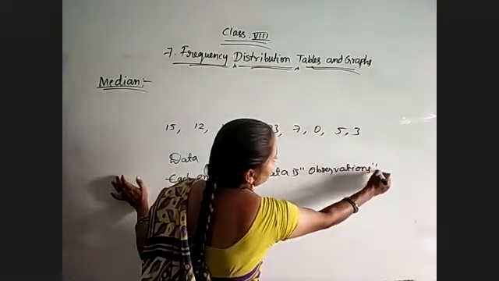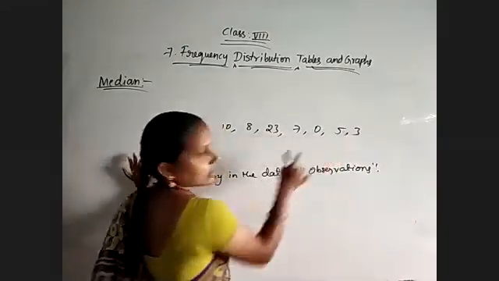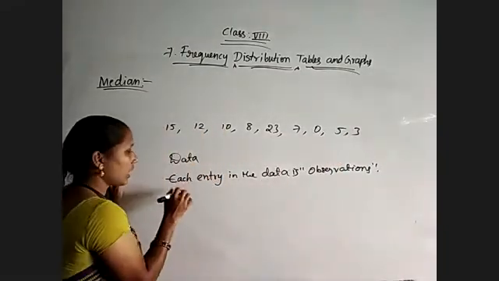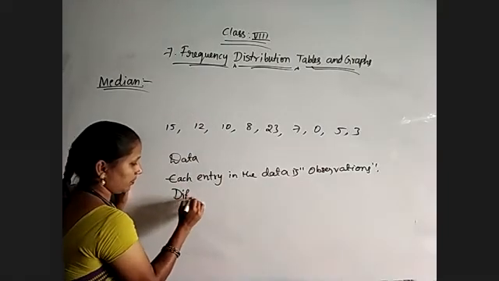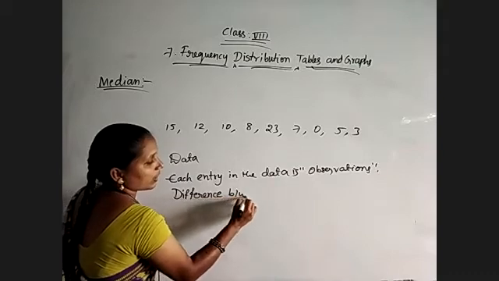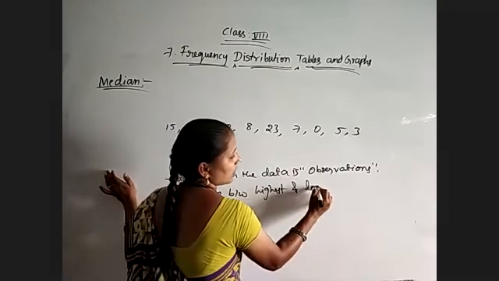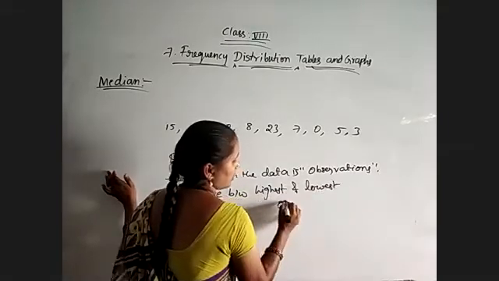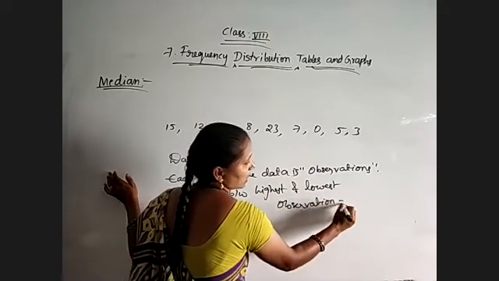How many observations are there here? 1, 2, 3, 4, 5, 6, 7, 8, 9. 9 observations are there. And the difference between the highest observation and the lowest observation is known as range.